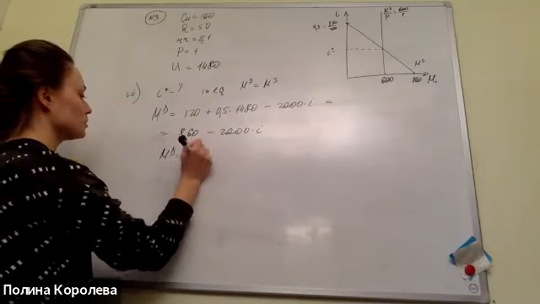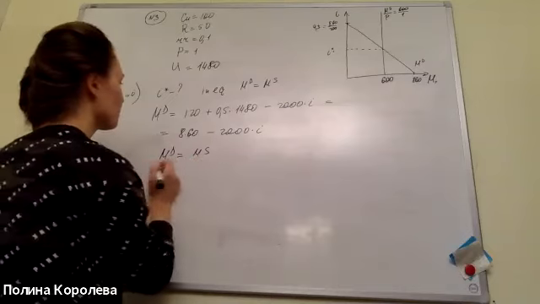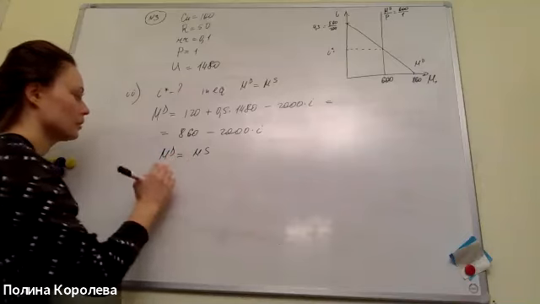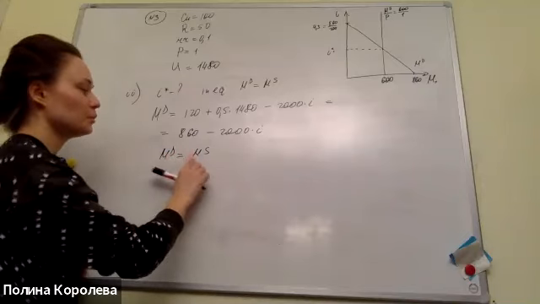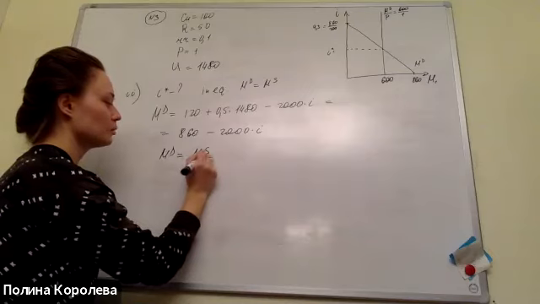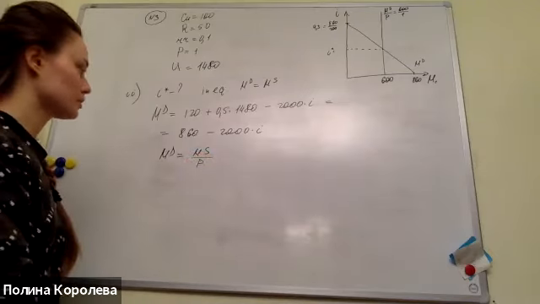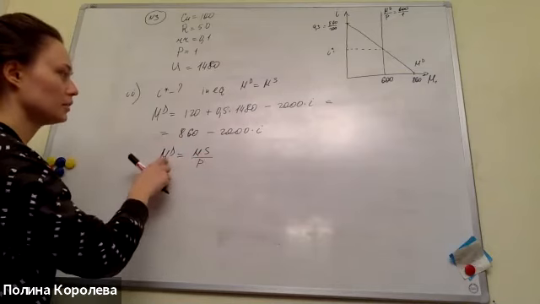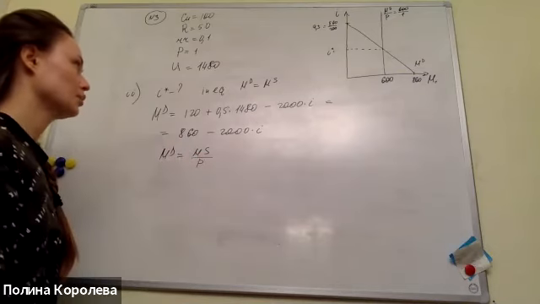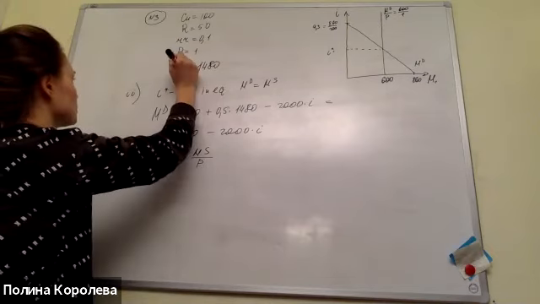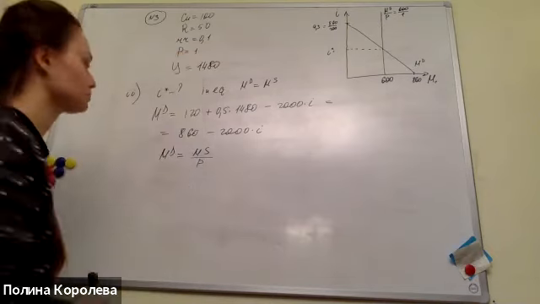So in equilibrium, money demand equals money supply. We need to write here money supply over the price level because we work in real terms, and money demand here is also in real terms.